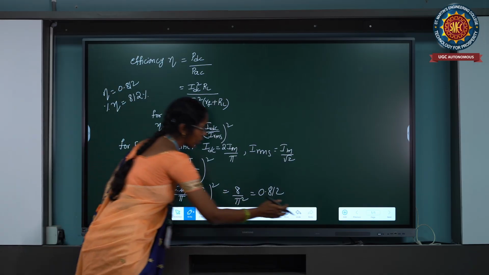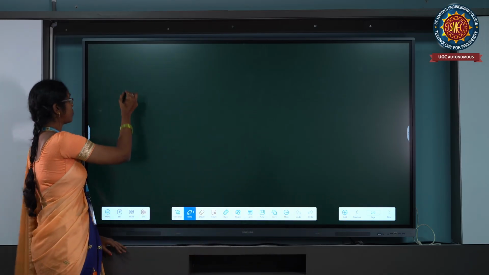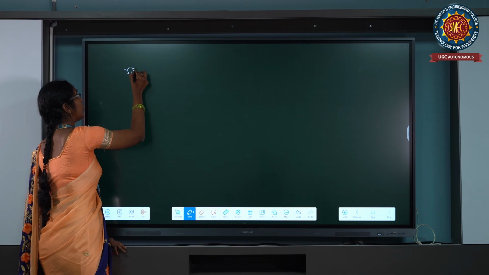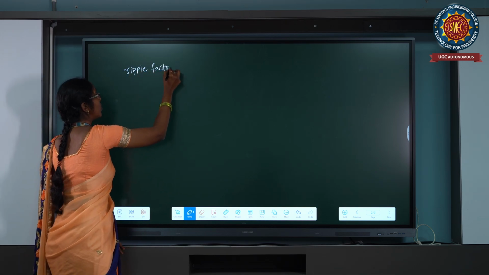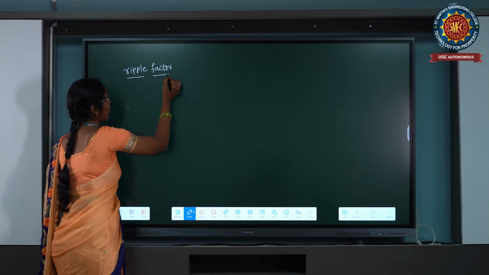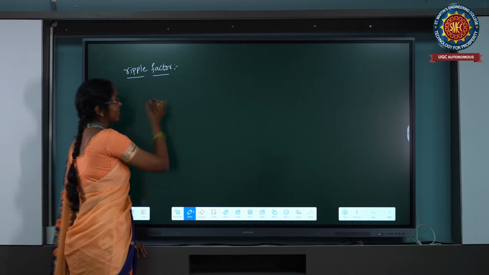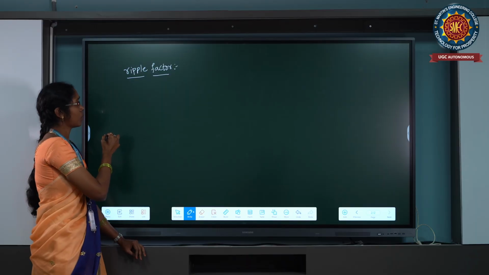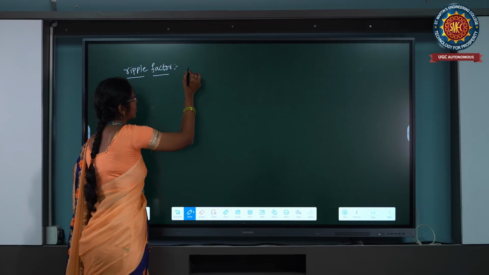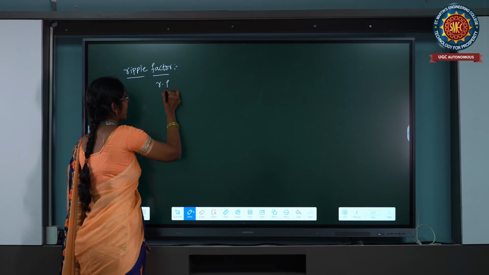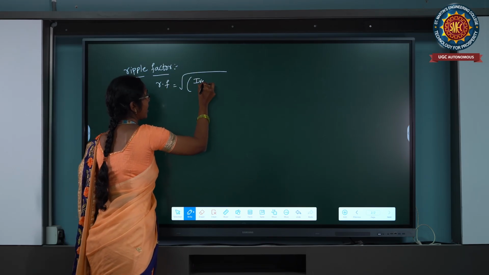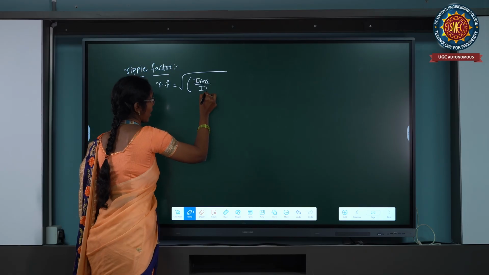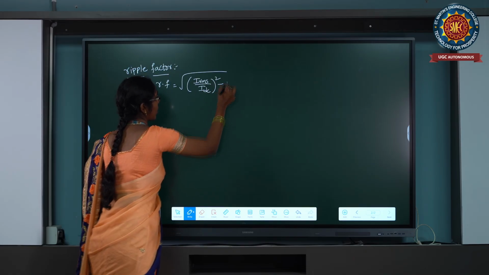Coming to ripple factor, for a full wave rectifier, it is the amount of ripple present in the rectifier output. Formula for ripple factor is equal to root of (IRMS by IDC) whole square minus 1.